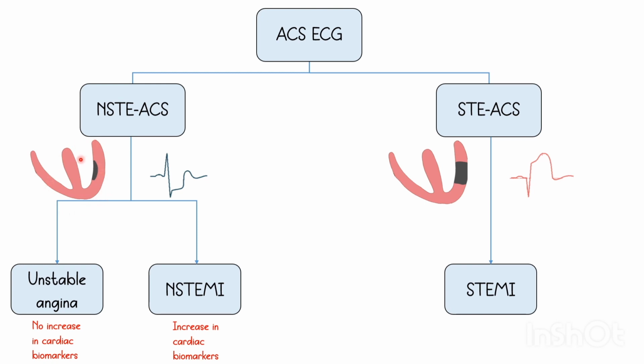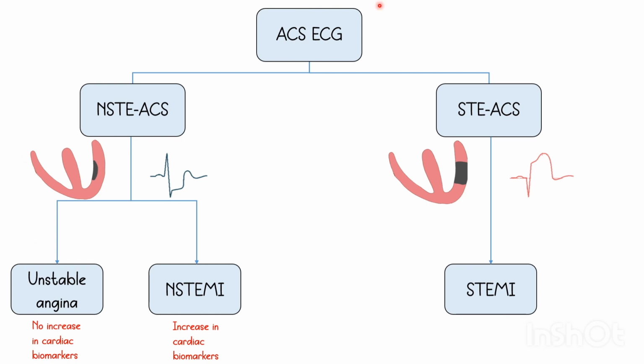So there will be no ST elevation in the ECG, and sometimes it might be depressed. In this case, we might have two pathologies. It could be either unstable angina or myocardial infarction with no ST elevation. To differentiate between them, you will go for cardiac biomarkers. So if they were increased, this is most probably a myocardial infarction. And if they were normal, it's mostly an unstable angina.